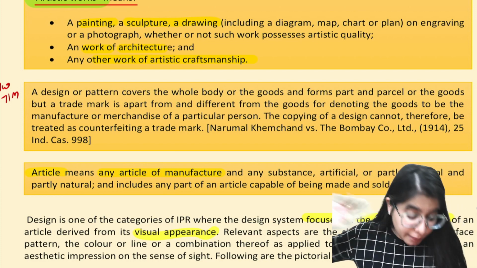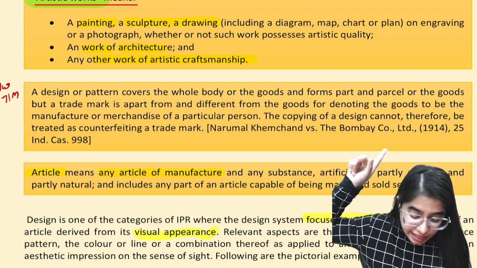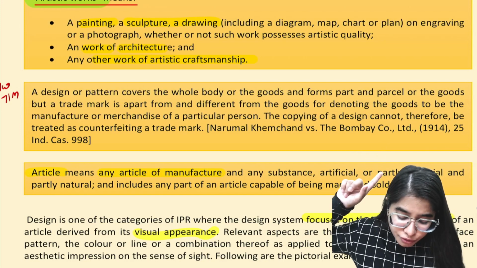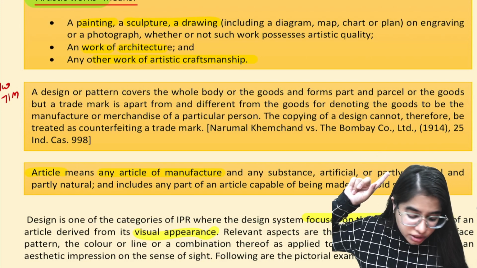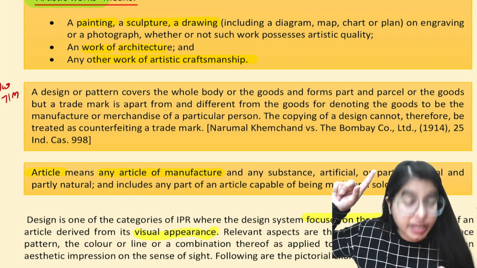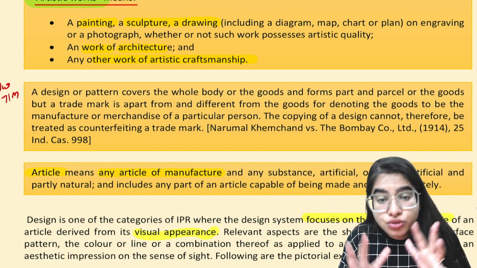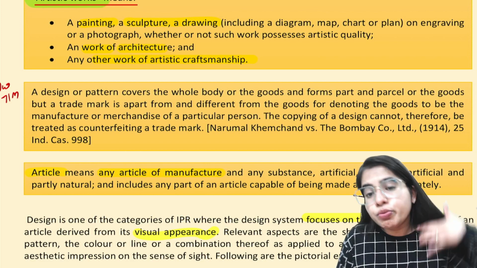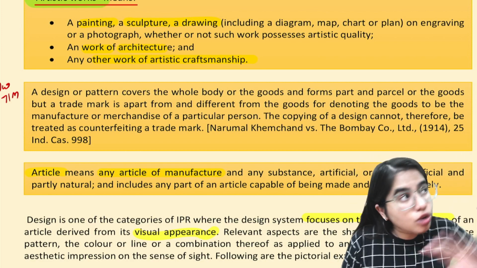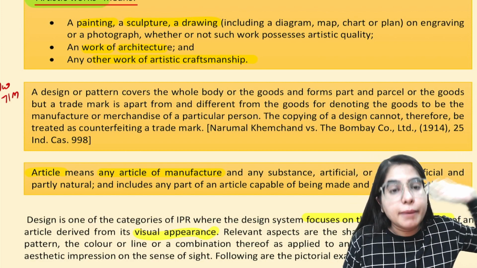However, a trademark is apart from and different from the goods, for denoting the goods to be the manufacture or merchandise of a particular person. Trademark is used to show that these goods belong to a particular brand, a particular person, a particular merchandise.